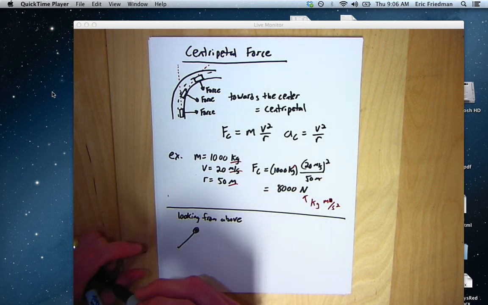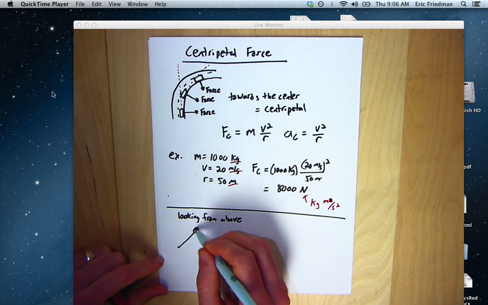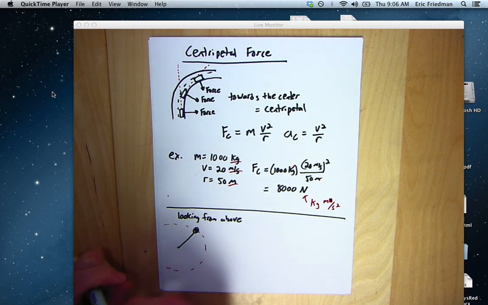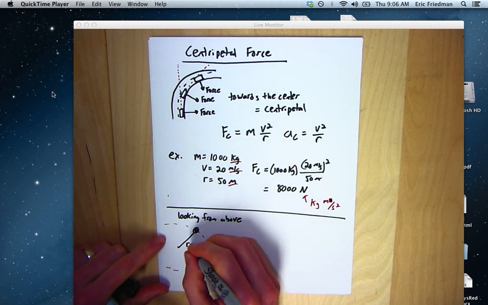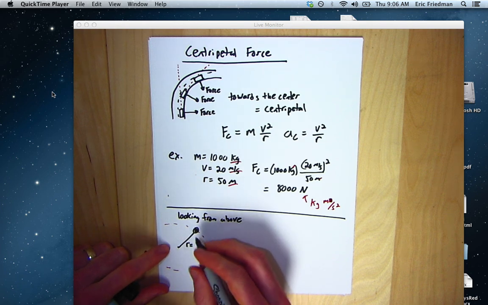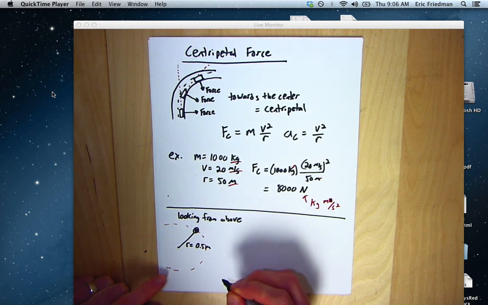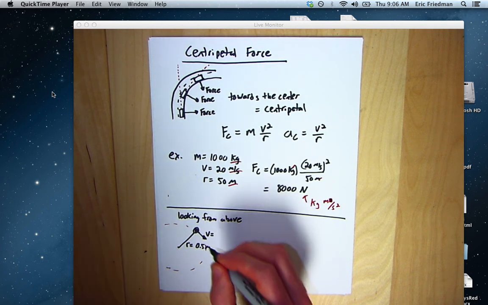I'm just swinging this ball around in a horizontal circle, just going around and around in a circle. So we're looking down from above. And I'll just put some numbers in here. Let's say that the radius, the length of the string, is, I don't know, half a meter.